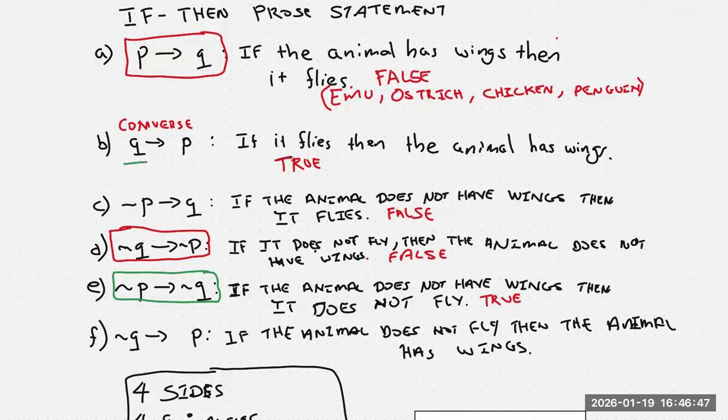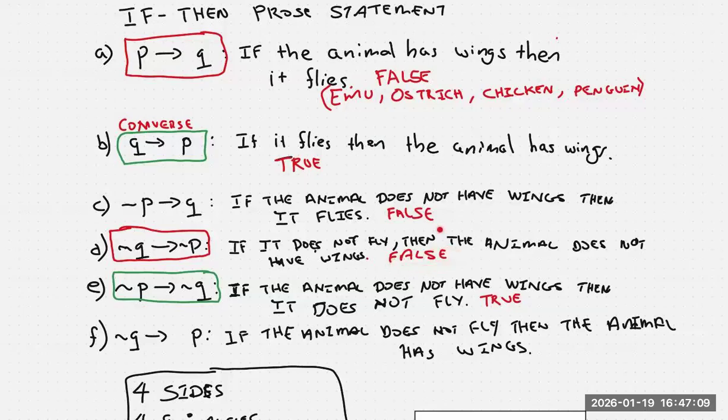That's how contrapositives work. Once the statement is false, the contrapositive is false, and once the statement is true, the contrapositive is true. So you get two examples of contrapositives right there. Both of them were logically equivalent, meaning if one was false, the next one was false, and if one was true, the next one was true.